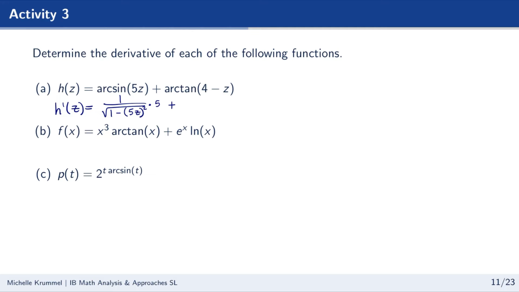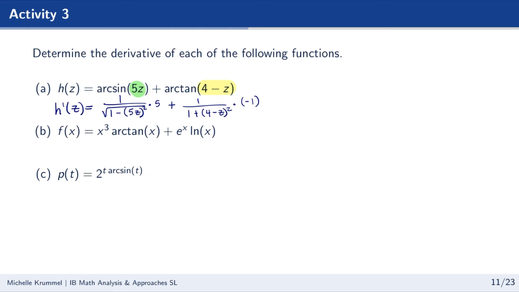Plus, the next term is arctan of stuff. There was the stuff for the first term. Okay, so the derivative of arctan stuff is 1 over 1 plus stuff squared times the derivative of the stuff, and the derivative of the stuff is just -1.